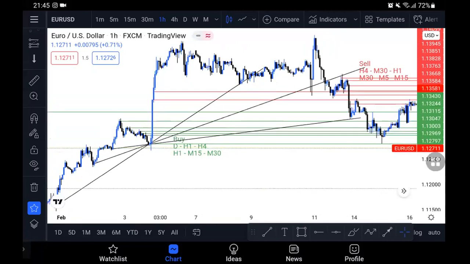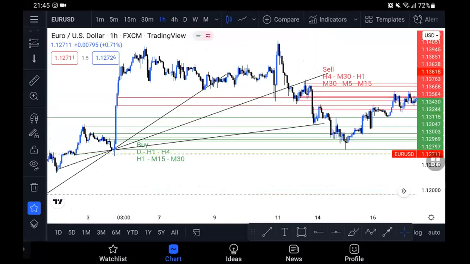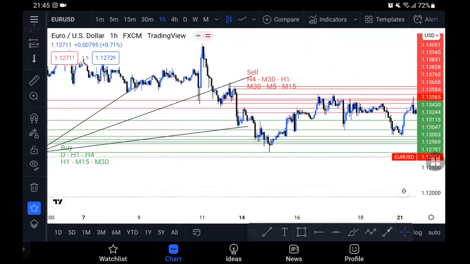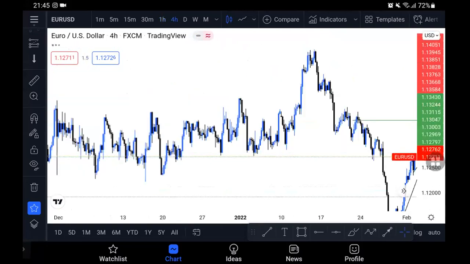So this is like the buy trend line, and let's put our sell trend line. So for the sell, we're gonna use according to the time frame order.